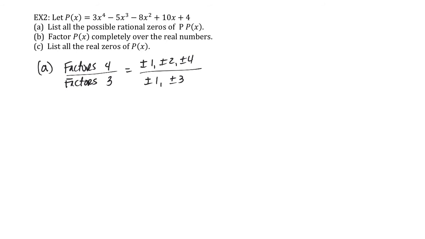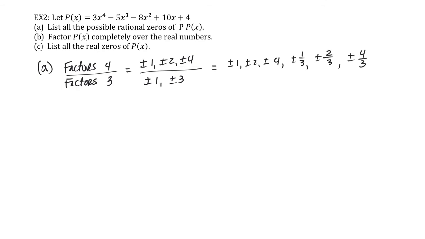If I'm dividing all those numbers in the numerator by positive or negative 1, I would just get positive or negative 1, 2, and 4. And then if I divide 1 by 3, I would get a third, 2 by 3, 2/3, and plus or minus 4/3.